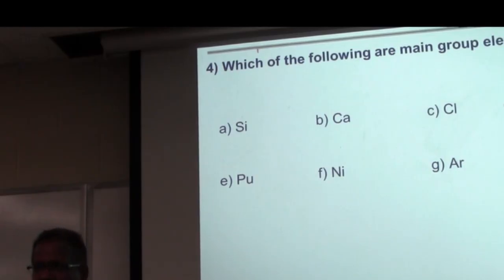No. Argon? Yes and no, okay? Sometimes these definitions vary. Main group is defined as groups with A's, including the noble gas, but I think yes. Everything is not yes and no most of the time. We go with yes, okay?